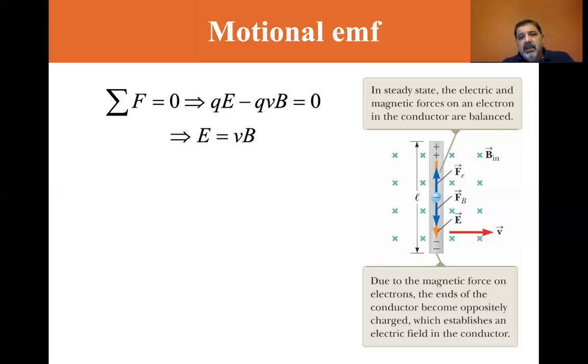You've got the QE, the fact that you have the charge and electric field, and you have the charge from the velocity in the B field, and those equal zero. So E equals VB, the velocity times the magnetic field. So delta V is equal to E times L equals BLV.